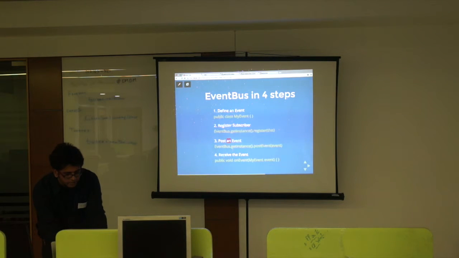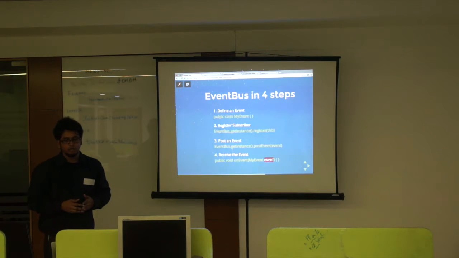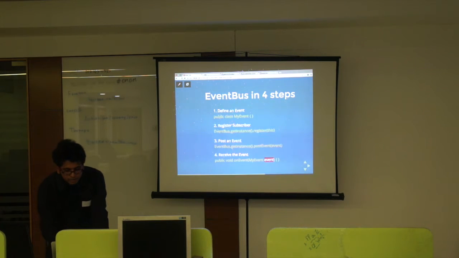Like, it created an instance of this event and posted it on the event bus. The registered subscribers are going to receive it inside a method, and they get the event. If this event has parameters inside it, they are going to utilize them for whatever update they need to do.